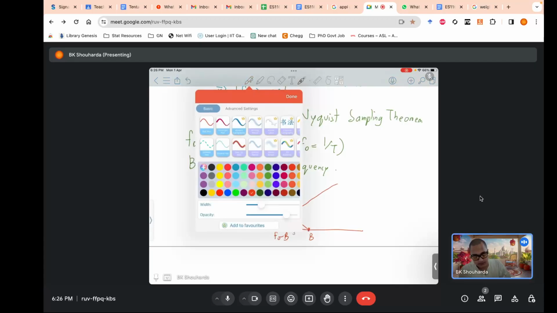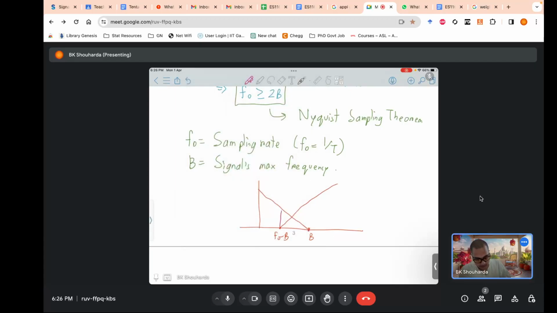So we have this region of overlap, and this is called aliasing, where two parts of the spectrum overlap and there is loss of information. You will never be able to recover this signal. So aliasing takes place when the Nyquist rate is not satisfied.